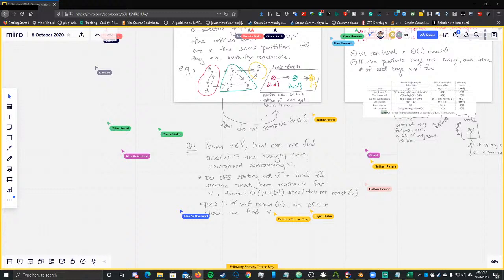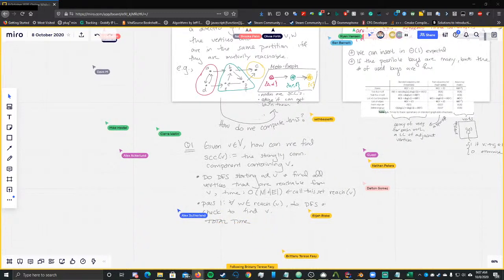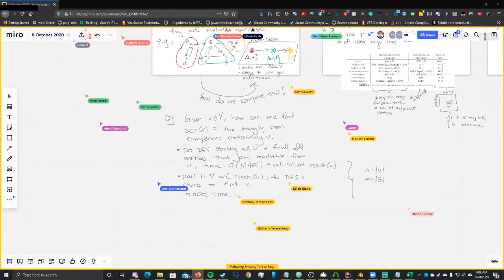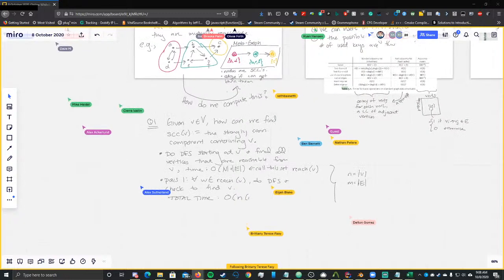And so this would be a second depth first search for every one of these. So the total time. And so let me just give a shortcut here. We're going to say N is the size of V, M is the size of E, just so I can make this a little bit easier. Right, is going to be, again, N plus M per vertex in there. So this is now going to be O of N times N plus M.